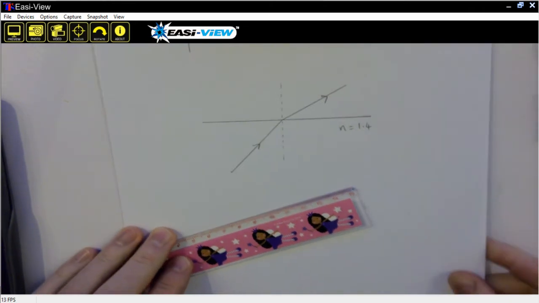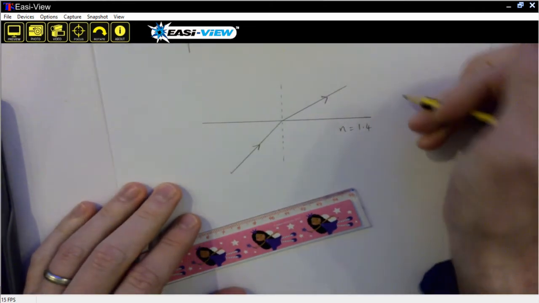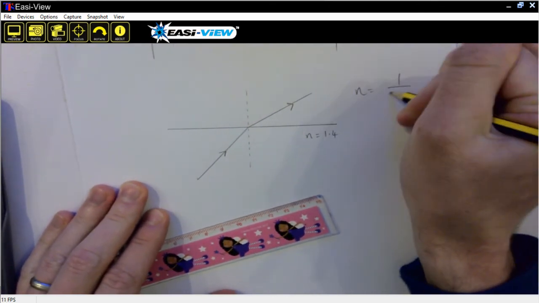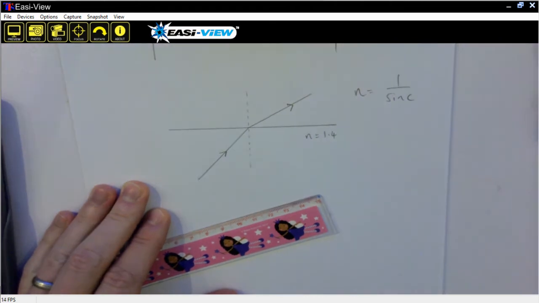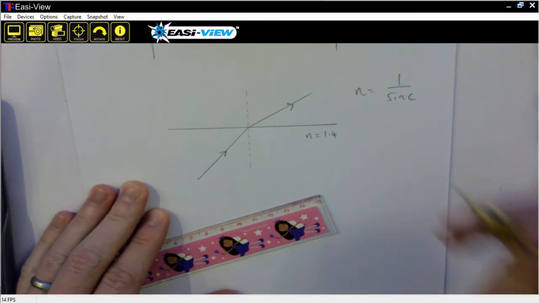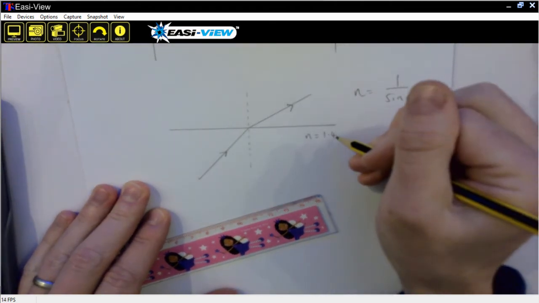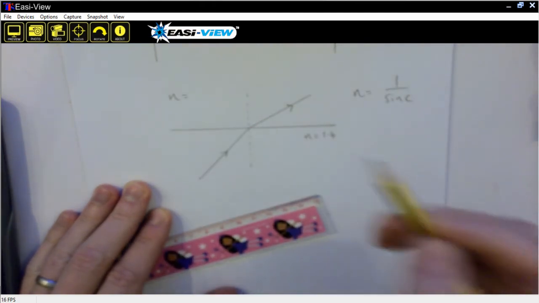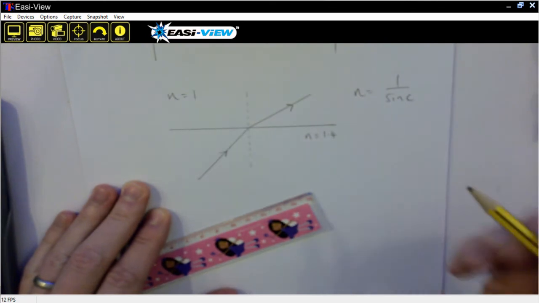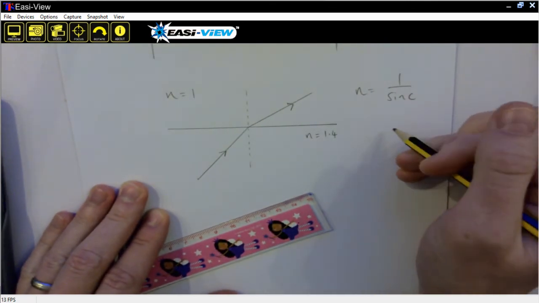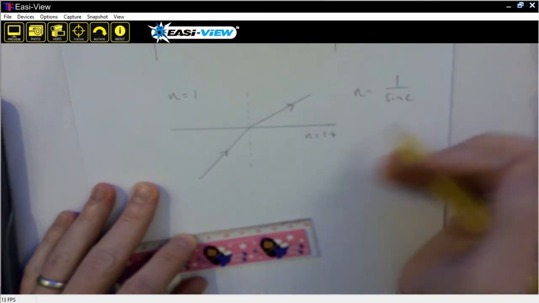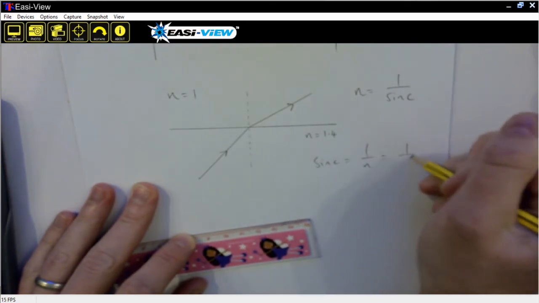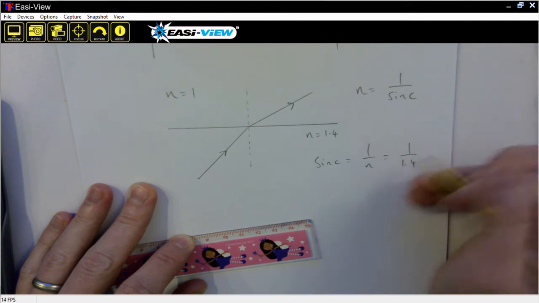However, if we wanted to find the critical angle for this situation, we can use this equation: n is 1 over sine C, where C is the critical angle. If we have this refractive index of 1.4, then we can rearrange to get sine C is 1 over n, so 1 over 1.4.